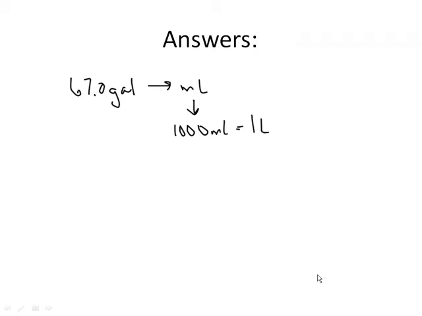That's the handy thing about the metric system: milli could be 1,000 milligrams equals 1 gram, 1,000 millimeters equals 1 meter, and just like we did right here, 1,000 milliliters equals 1 liter. So you can take any of those conversions shown on the blue sheet and use them for grams and liters and meters all the same. So I've also got for my gallons that 0.265 gallons equals 1 liter.